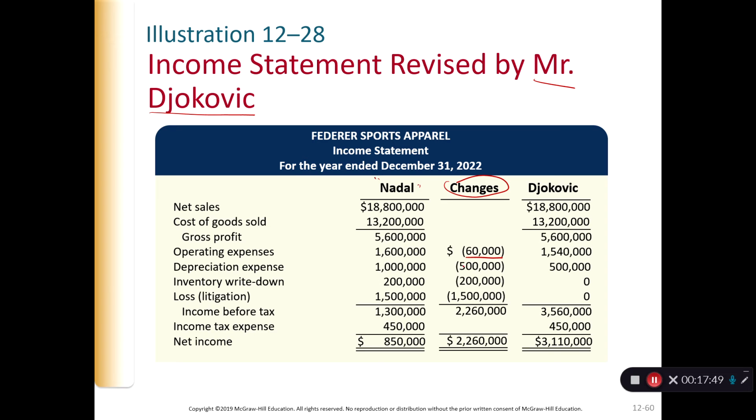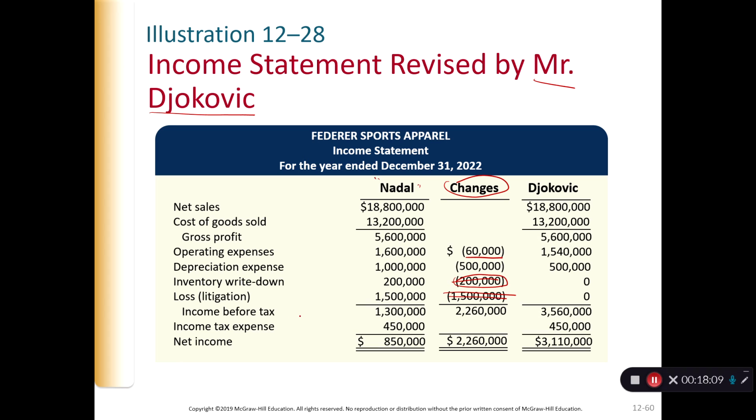Depreciation expense is going to decrease to 500,000, and inventory write down is just a whole 100% not a write off, right? They don't Djokovic don't write off anything of inventory, and Djokovic don't recognize any contingent loss.